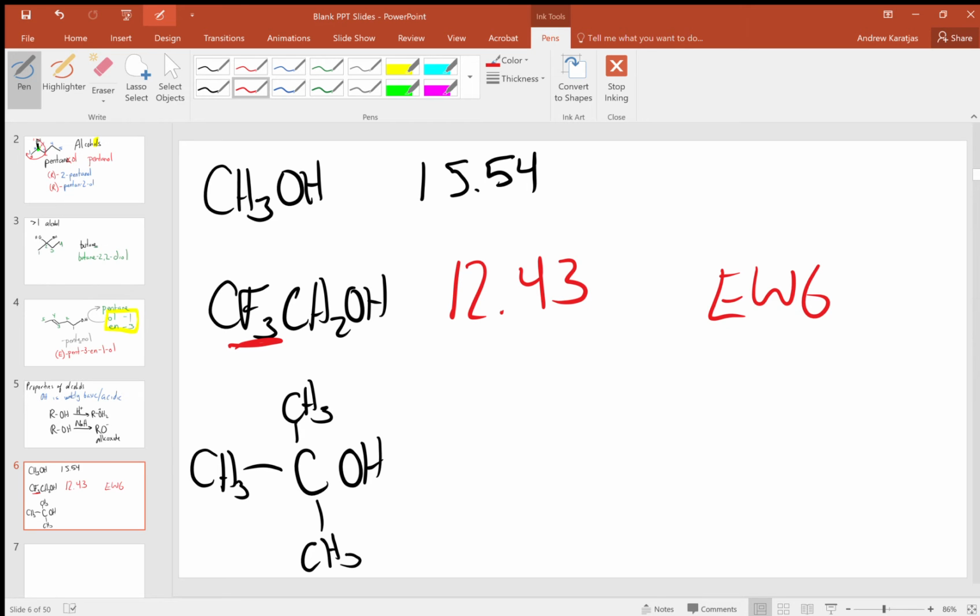But if we add an electron donating group, such as a bunch of carbons, as we have here in this bottom example, electron donating groups destabilize the conjugate base and make for a worse acid. And again, we can see replacing those 3 hydrogens on methanol with extra methyl groups decreases the acidity by a factor of close to 1,000.